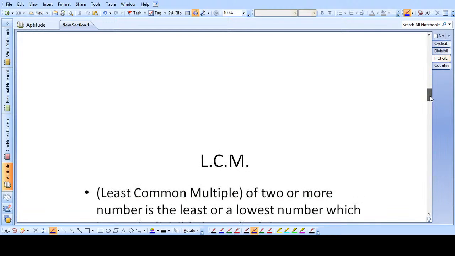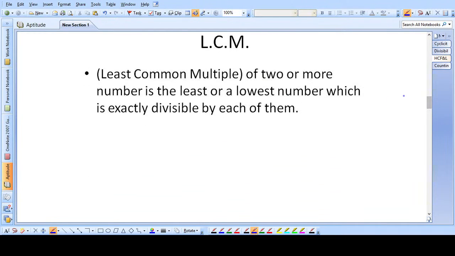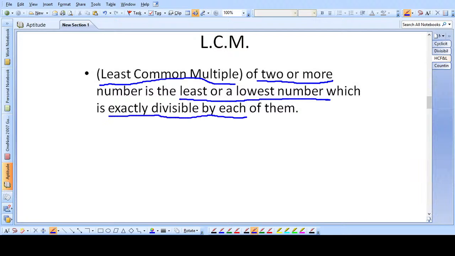Now let's see what LCM is. Okay, let's take LCM first. LCM is the least common multiple. The LCM of two or more numbers is the least or lowest number which is exactly divisible by each of them.